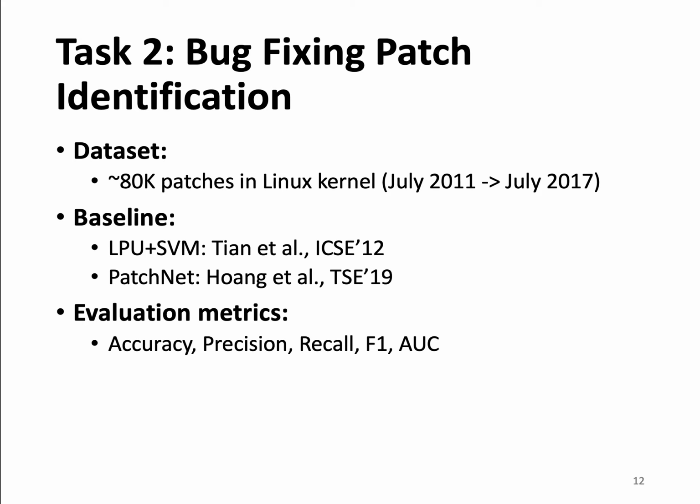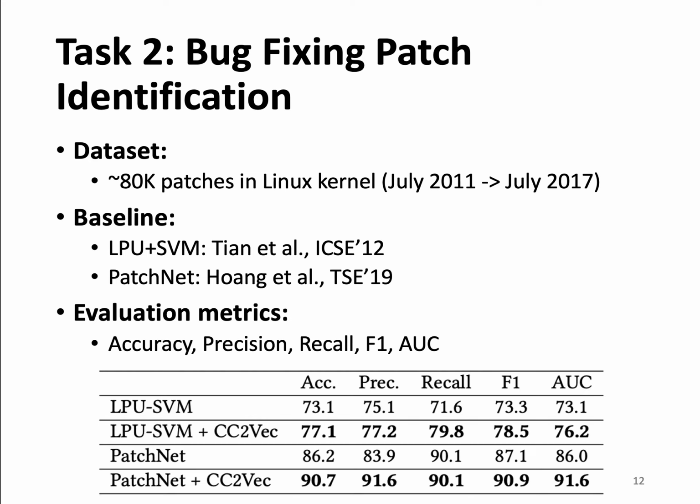To use CC2Vec with PatchNet, we concatenate the vector representation of the code change extracted by CC2Vec with the embedding vectors extracted by PatchNet to form a new embedding vector. We did something similar for the LPU SVM, and the results show that CC2Vec helps to improve the performance of bug fixing patch classification.